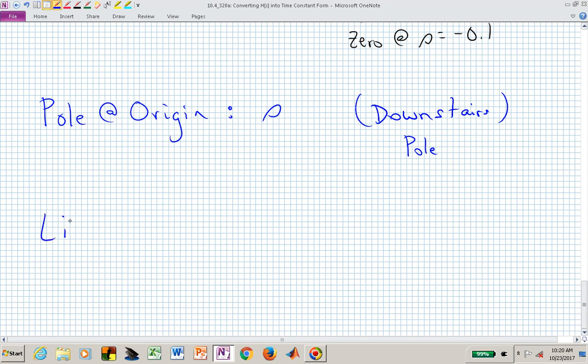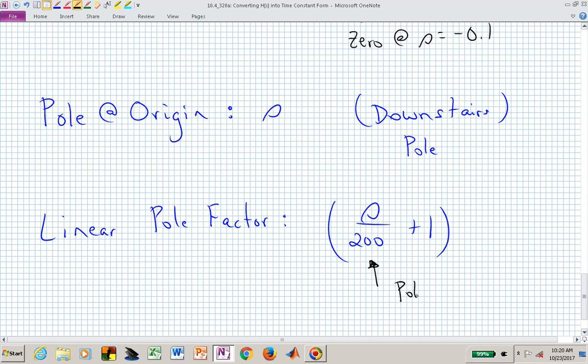We also have a linear pole factor, or a real pole. And the factor now is the quantity s over 200 plus 1. Again, we can explicitly see, written this way, that our pole is at s equal to minus 200.